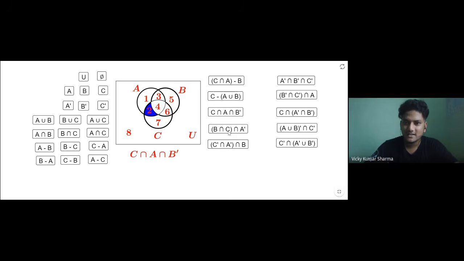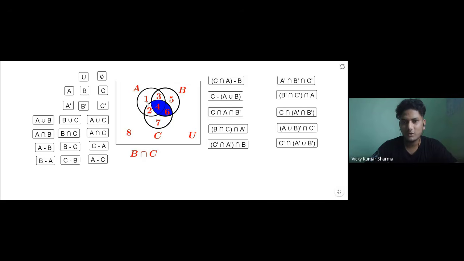Here you can see another operation. Again, it says B intersection C intersection A complement. That is just the element 6 here, as you could see. What does this mean then? B intersection C, if I have to show you here, is going to be 4 and 6. And then the intersection with A complement.